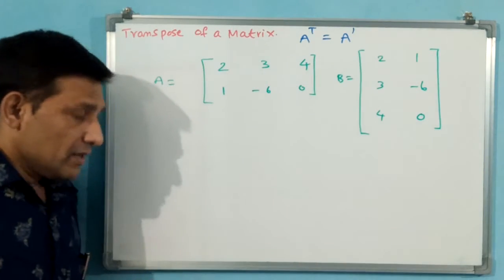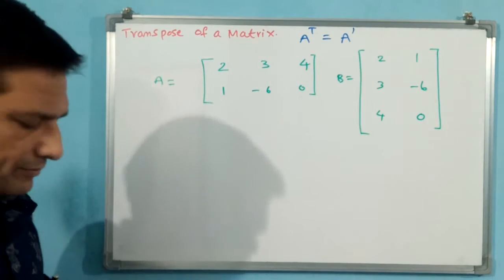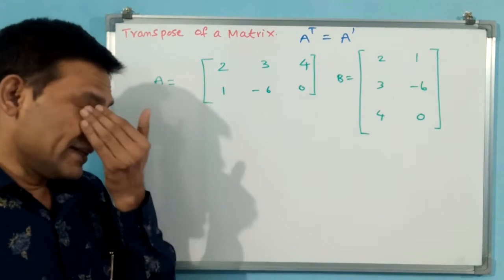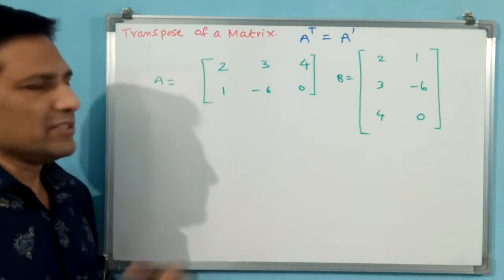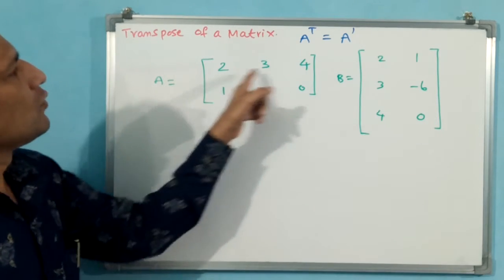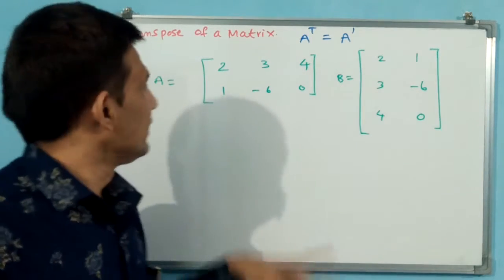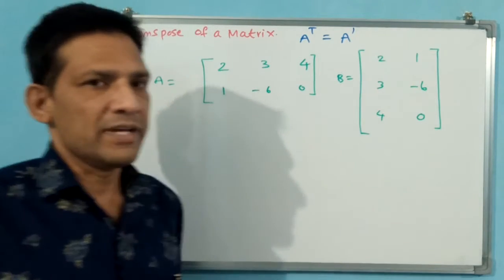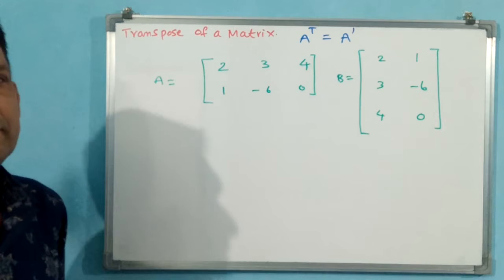Compare the relation between these two matrices. Here 2 3 4 is there, but here 2 1 is there. Here 1 minus 6 0 is there, but here 3 minus 6 4 0 is there. Then what is the relation?